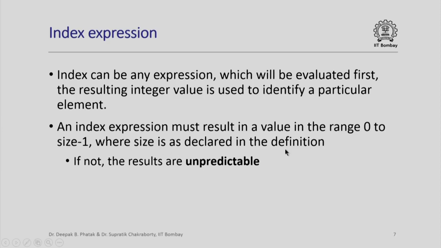Size is as declared in the definition. For example, if I have declared an array of size 100, the index must range from 0 to 99. Please remember that if we do not do that, then the results in C++ are completely unpredictable. So, it is our responsibility to maintain an index at any time to be between these limits.